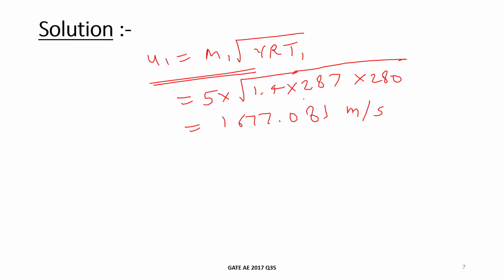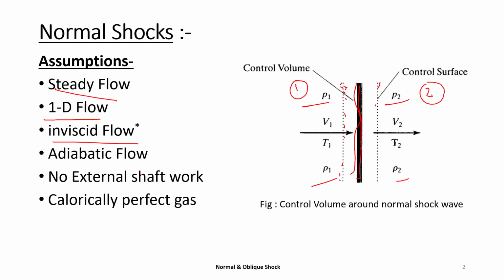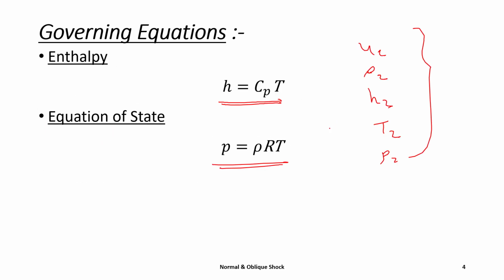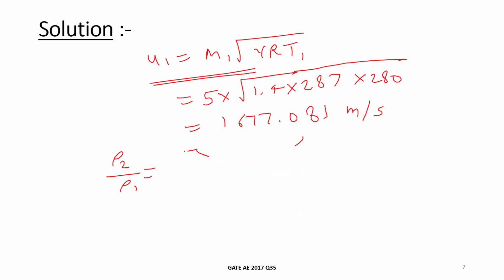So now we got u1. So now we will use the formula for density ratio. Rho 2 by rho 1 equal to gamma plus 1 M1 square upon gamma minus 1 M1 square plus 2.